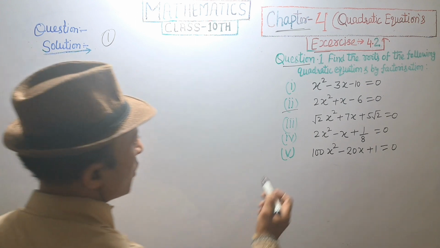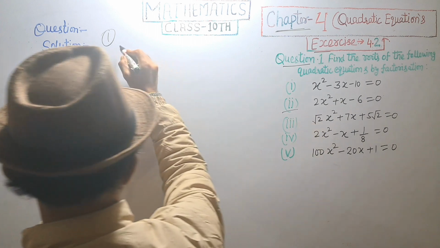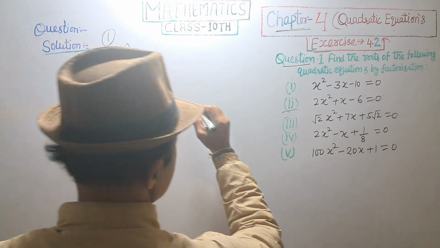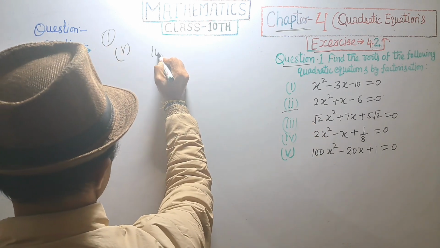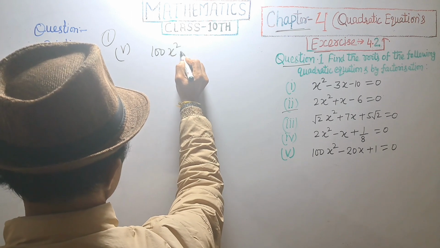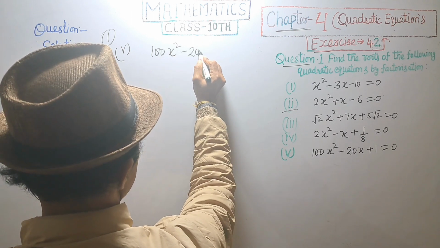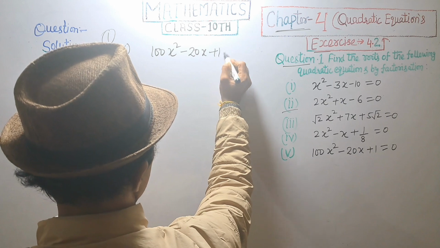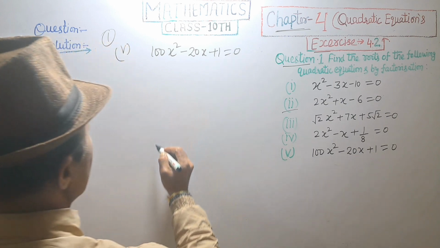Answer. Question one, fifth part. 100x² minus 20x plus 1 is equal to 0.